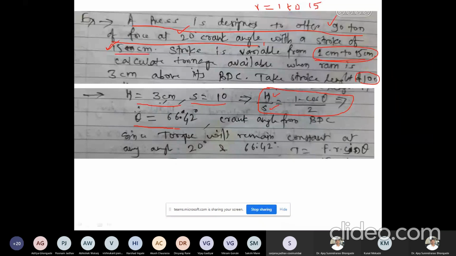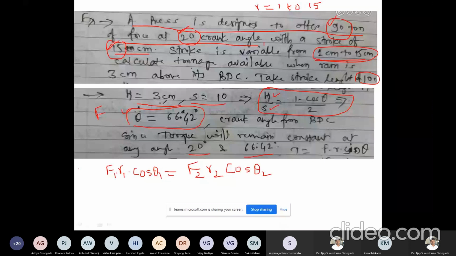If we have another position, we can have another force, another length of the crank, and another angle. So F1 R1 cos theta 1 will be equal to F2 R2 cos theta 2. So we can have various positions, since the angular velocity of the crank is always constant.